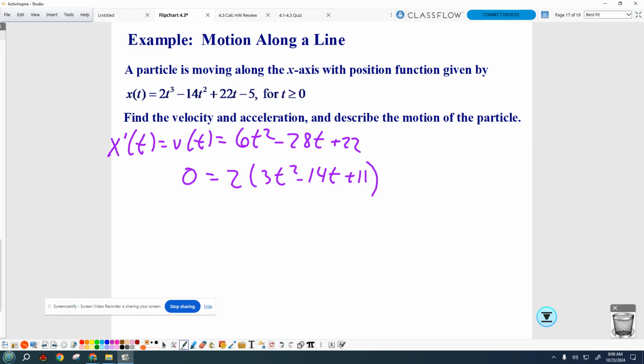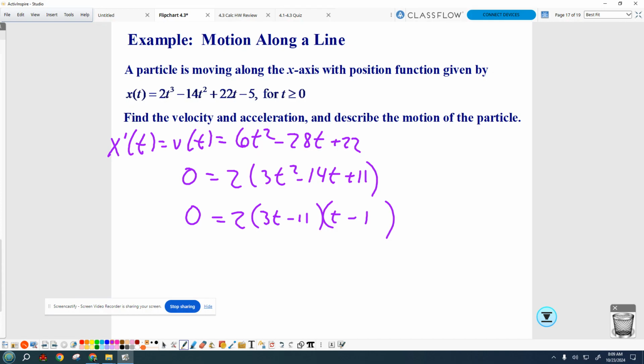Does it factor? I found the greatest common factor. Does this factor? Lynn says yeah. Ray says yeah. Okay, Ray, how does it factor? 3t minus 11, t minus 1. You guys just see it?